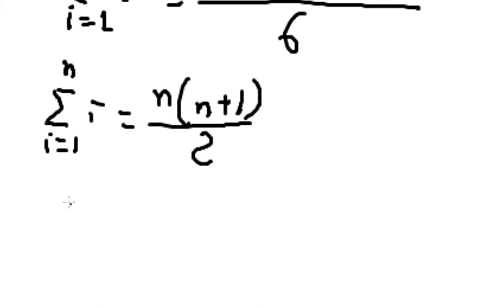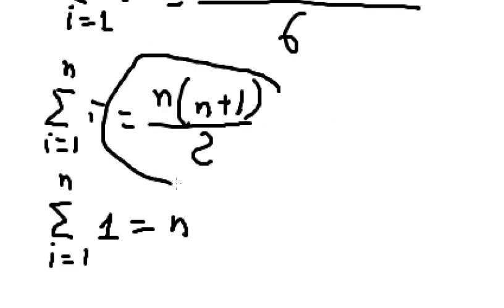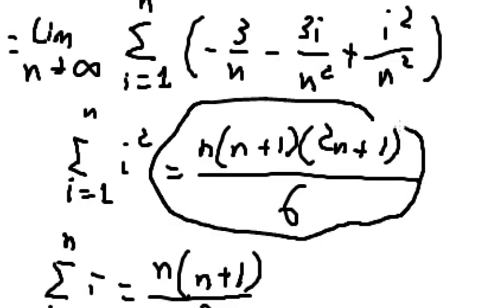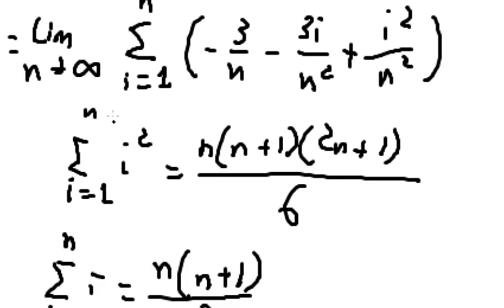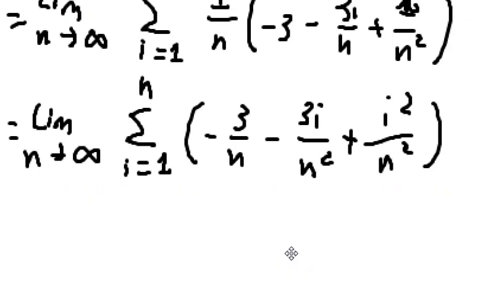And the last one, about the number, you get n. So i, we change by this one. i squared, we change by this one. About the number, we multiply by n. So we will have like this. Because this is a series, that's why we need to transform like this.